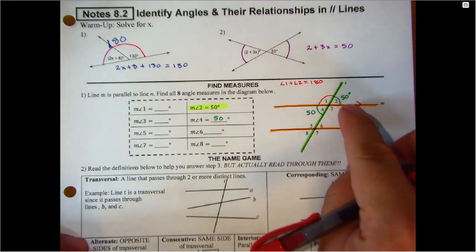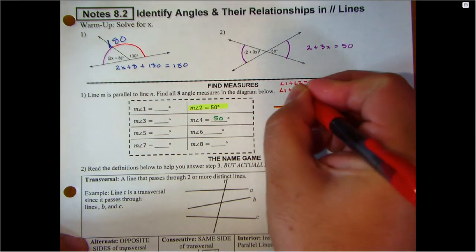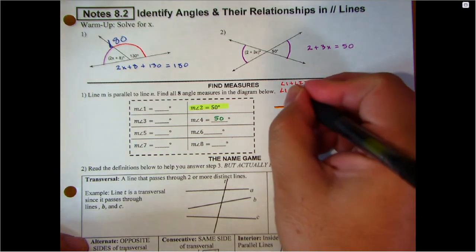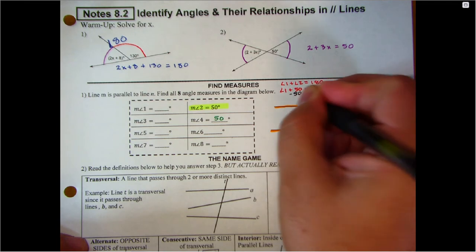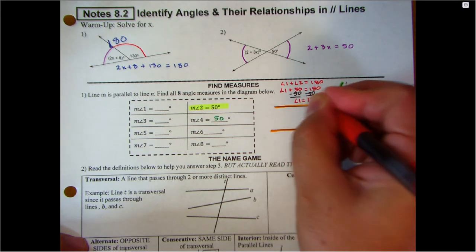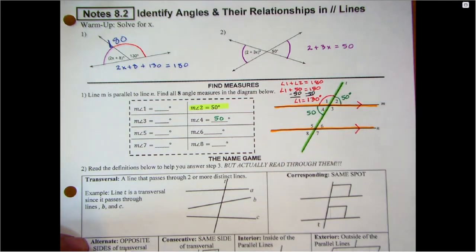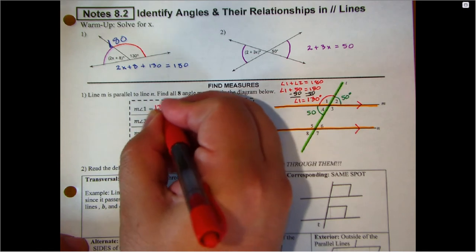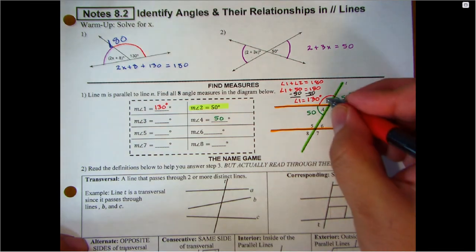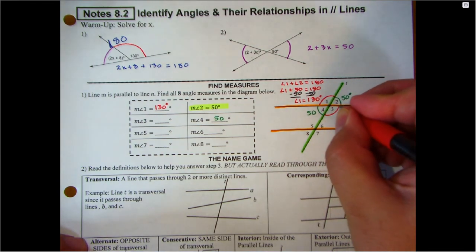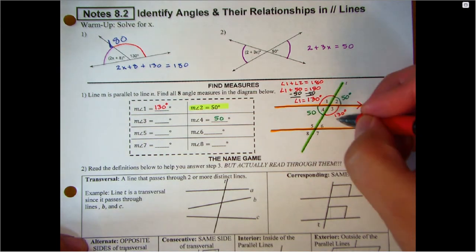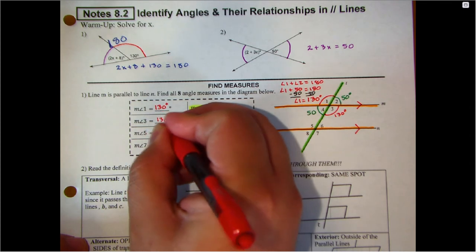But since I already know that angle 2 is 50, a little bit of math here, not too bad: subtract 50 from both sides, and just like that, we already found it. Angle 1 is 130. Look, it landed perfectly right next to it. So now we know this one is 130 degrees. And remember about vertical angles. That's a great thing about vertical angles. If this one is 130, then this one is 130. And just like that, we have two vertical angles that are equal to each other. So this is also 130.